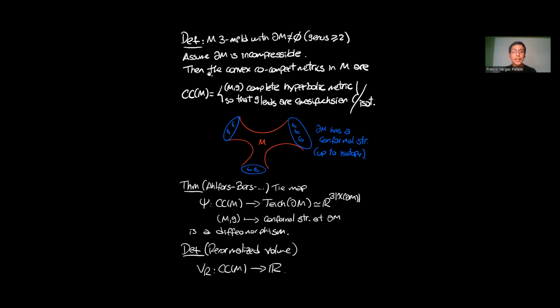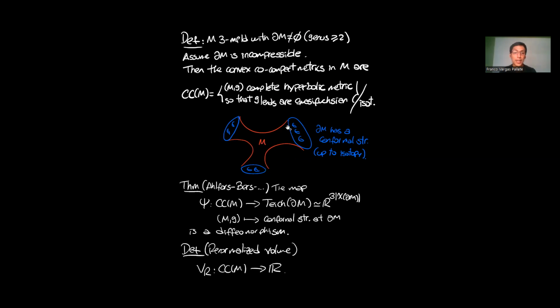Then we're going to define the set of convex co-compact metrics in M. These are the complete hyperbolic metrics, meaning complete metrics of constant sectional curvature equal to -1, so that each end is quasi-Fuchsian. What I should have in mind is that M has some complicated three-manifold topology.